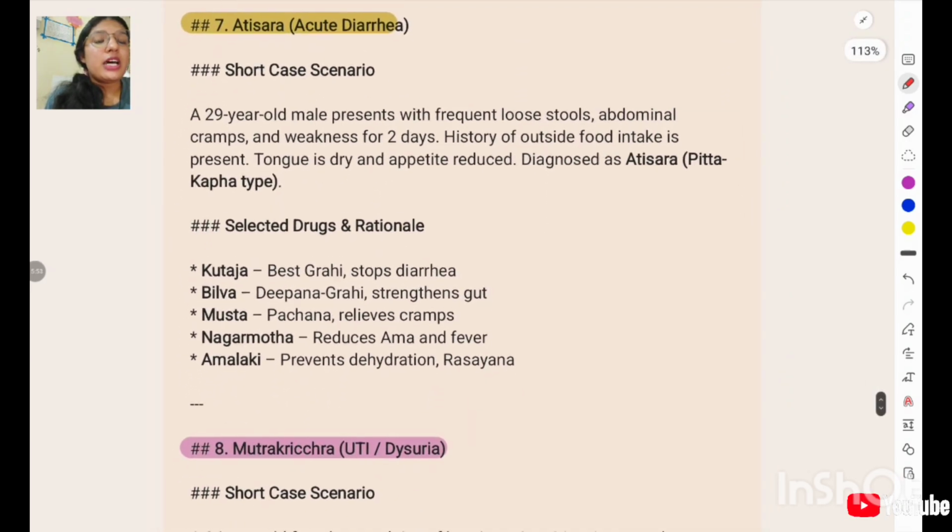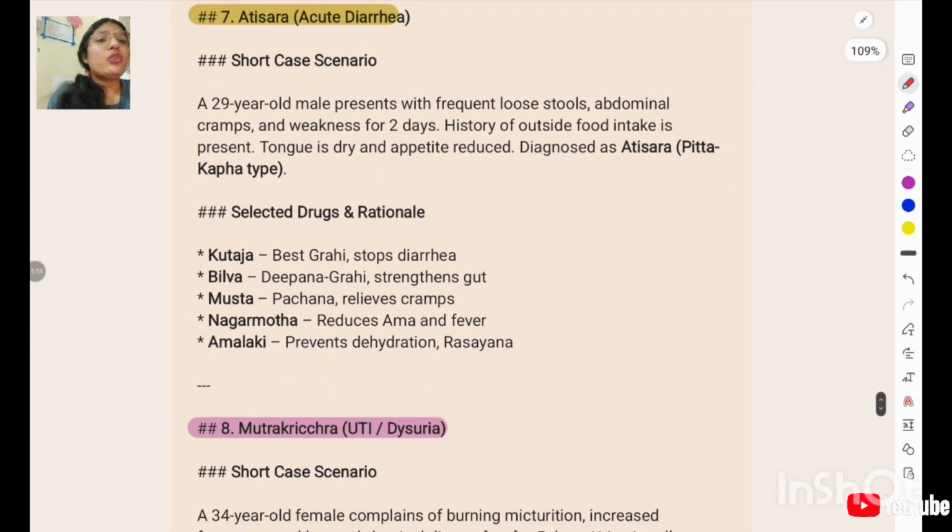Next, for Atisara, a 29-year-old male presents with frequent loose stool, abdominal cramp and weakness for 2 days. History of outside food intake is present. So Atisara is actually of two types. One is Amatisara and next is Pakwatisara. So based on that, you have to give the drug.